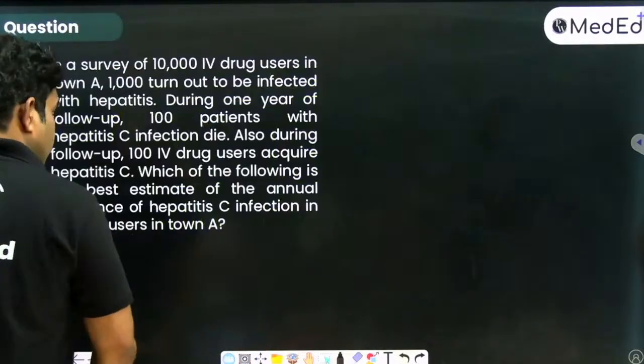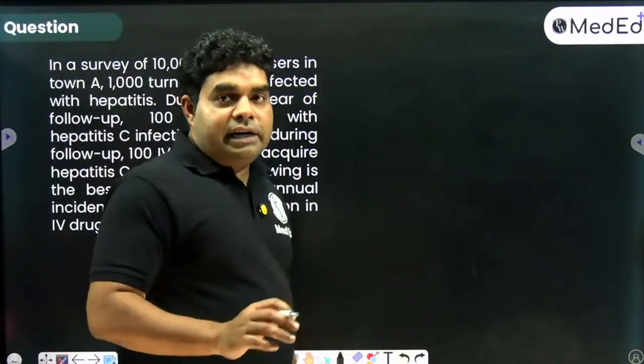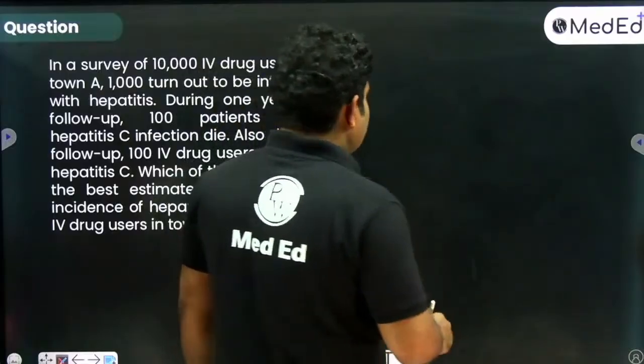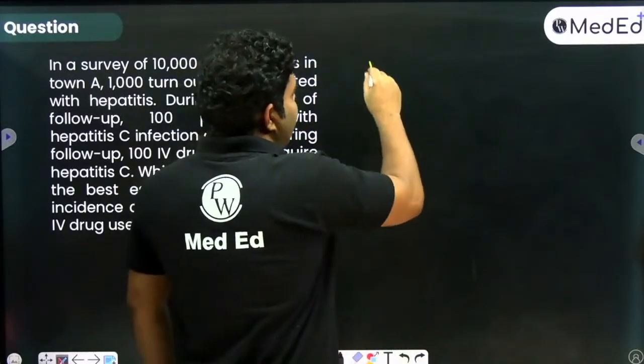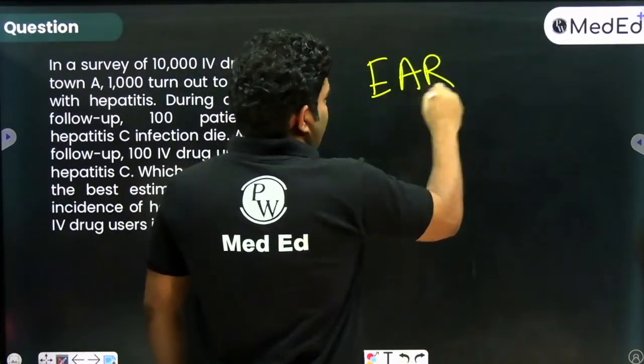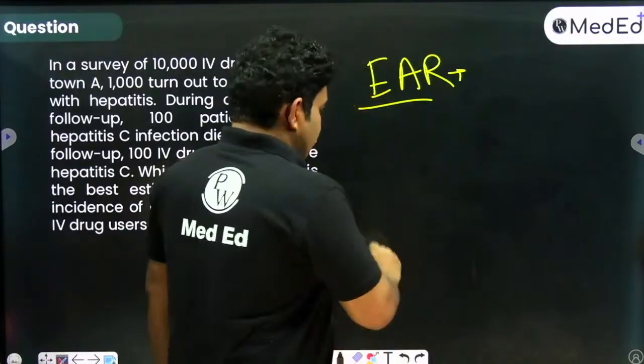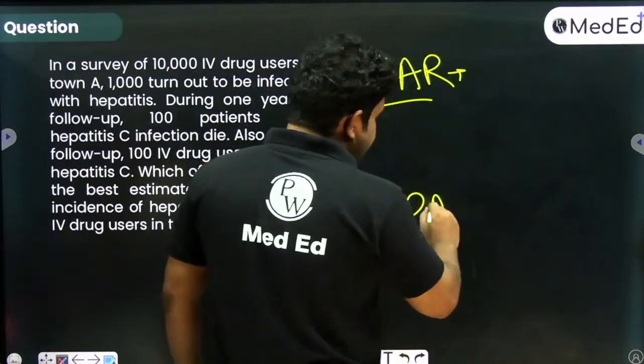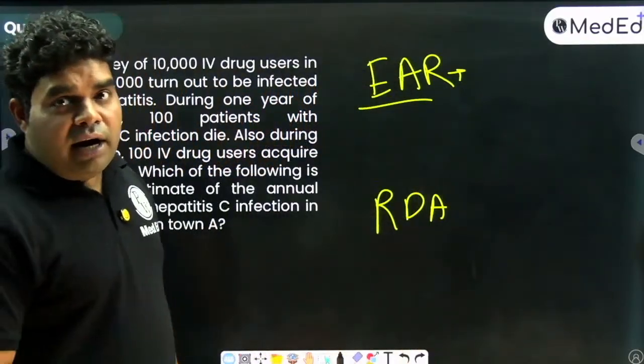Okay, so don't forget this requirement part. Plus, I hope you might have remembered that in NEET exam 2023, they asked this question: what is EAR? Can anybody tell me what is EAR, and how is it different from RDA? What is the difference between EAR and RDA?